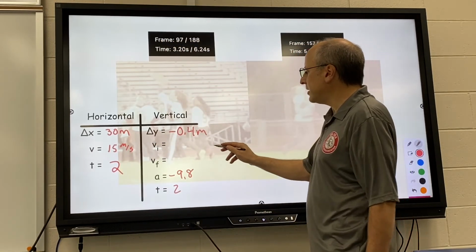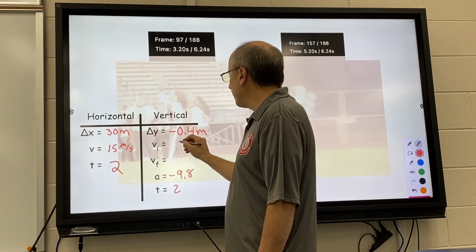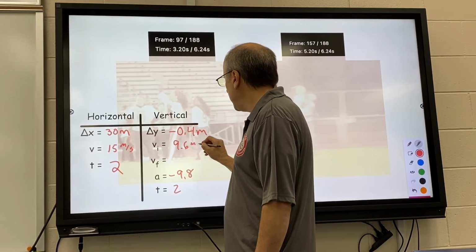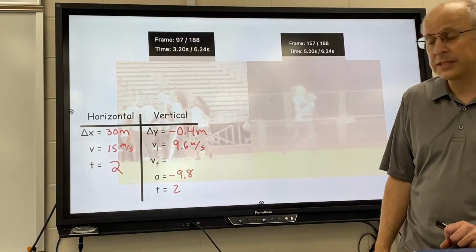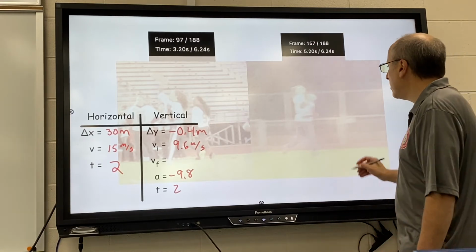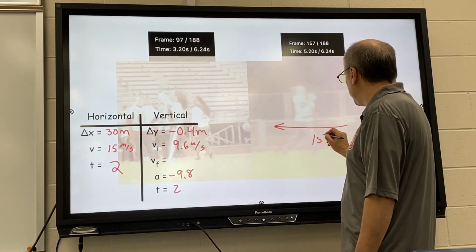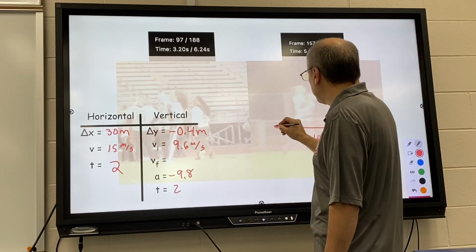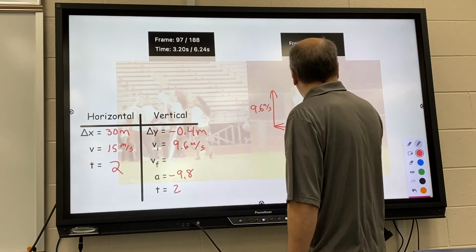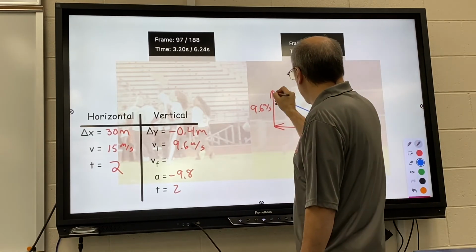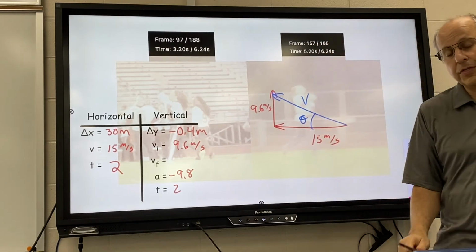We can use our different formulas to find the initial and final speed of the ball. We really care about the initial speed. I think when you work your way through it, you're going to get a speed of around 10 meters per second in the vertical. So then you put them together by having the ball go 15 meters per second horizontally, around 10 meters per second vertically, and then you just complete the triangle to find the actual speed and the angle of the throw.